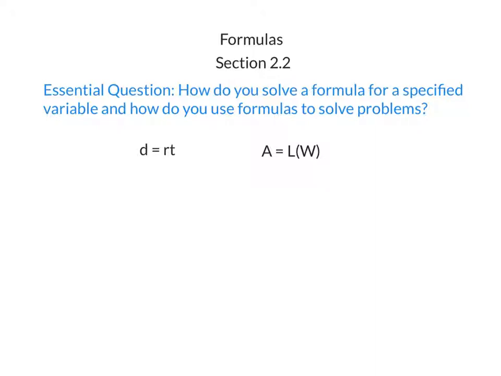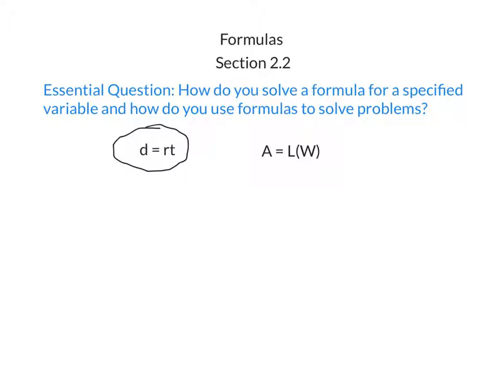So, how do we go about solving a formula for a specified variable? Well, let's start by looking at this formula right here, d equals rt. Let's say I wanted to solve that for r, which is rate, or people might refer to it as speed.